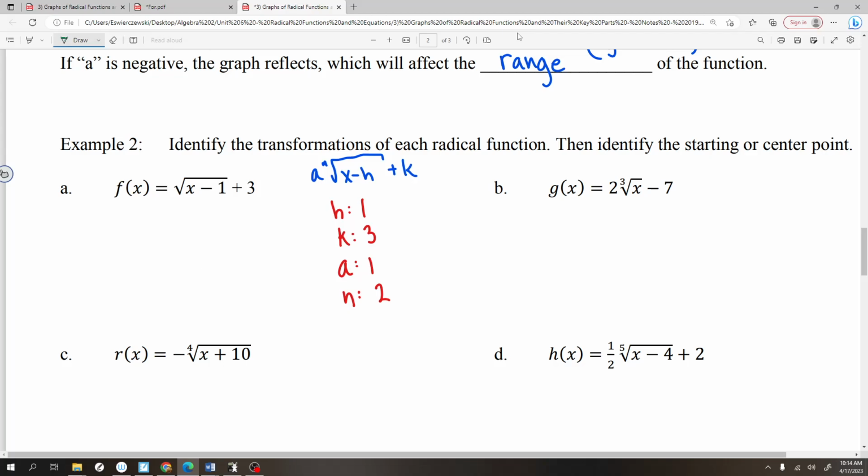Okay, so that means since my starting or center point is 0, 0 at the parent function, if the center, or really this would be a starting point, and it would be at 1, 3, that would go right 1, up 3.